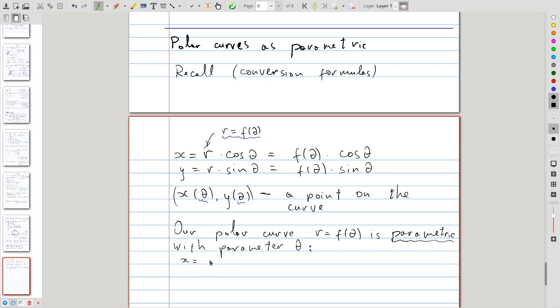X equals f of theta cosine theta and y equals f of theta sine theta.